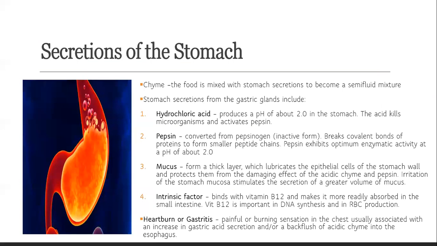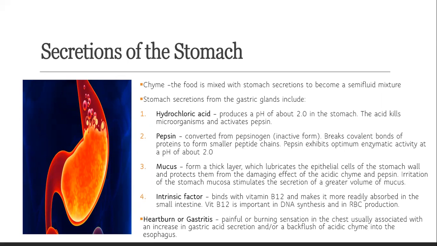Then we have the secretions of the stomach. So the chyme is the food that is mixed with stomach secretions to become a semi-fluid mixture. And there are 4 secretions that are secreted by the gastric glands. We have the hydrochloric acid that produces a pH of about 2.0 in the stomach.